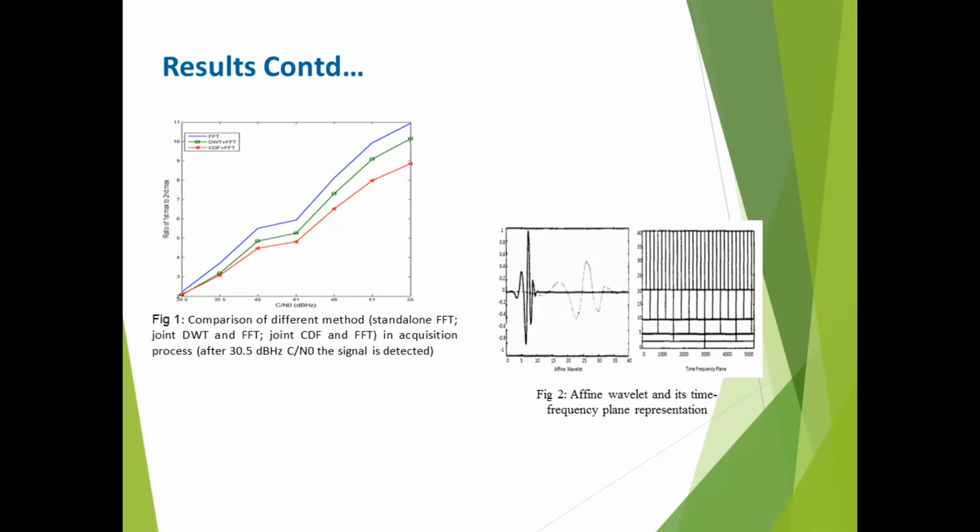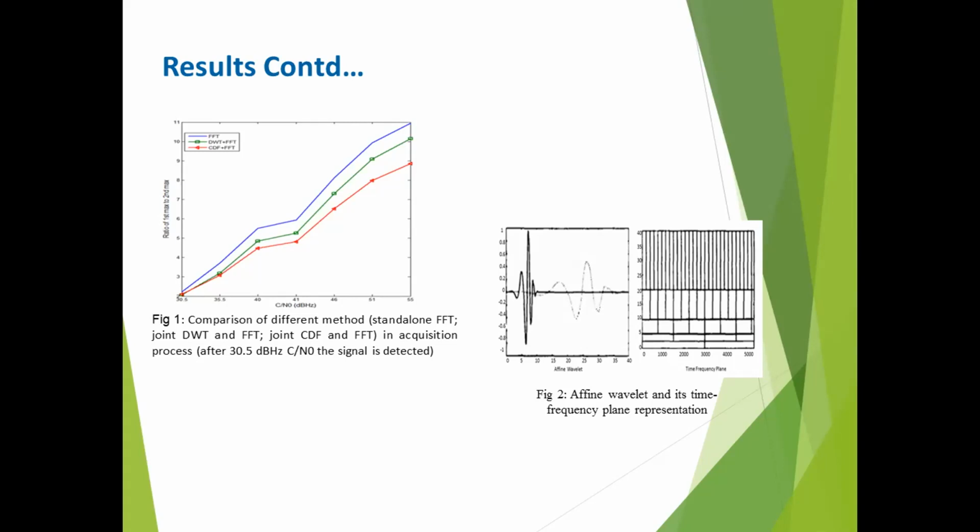I did that. The blue is the normal FFT-based correlation, the green is the DWT, the normal Haar-based FFT, and the red is the CDF-based FFT. At a 30.5 dB-Hz signal, we can see that this is a good GNSS receiver.